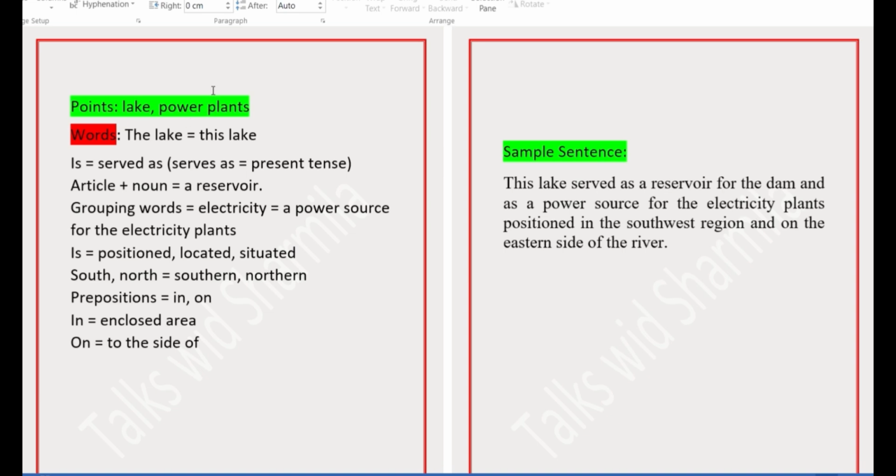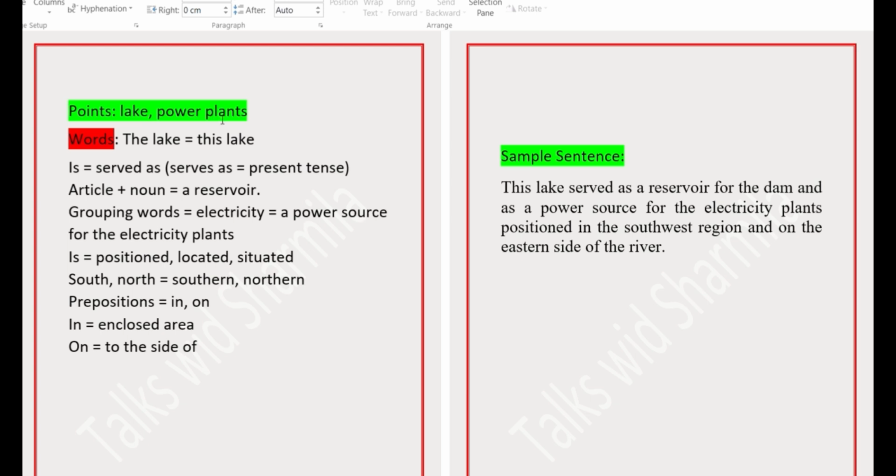Hope you are parallelly checking the map question also so that you understand the notes and the vocabulary usage properly. Otherwise, it's just a waste of time. So keep the question right in front of you and see how the given points are used with the vocabulary and developed into a full sentence. So here we go. We are now writing about the lake and the power plants.